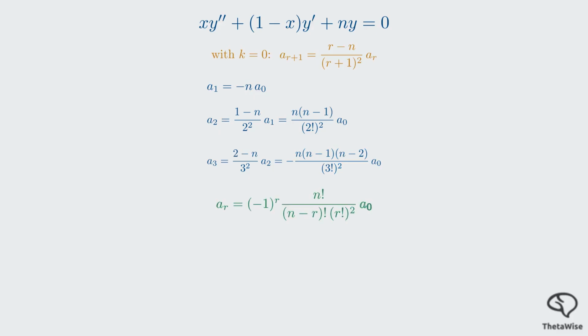In general, a_r equals (-1)^r times n factorial, divided by (n minus r) factorial times (r factorial) squared, times a_0. For non-negative integer n, the series terminates.